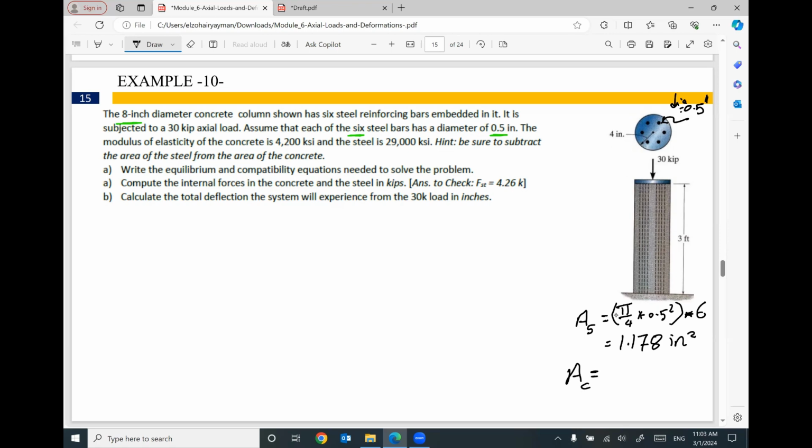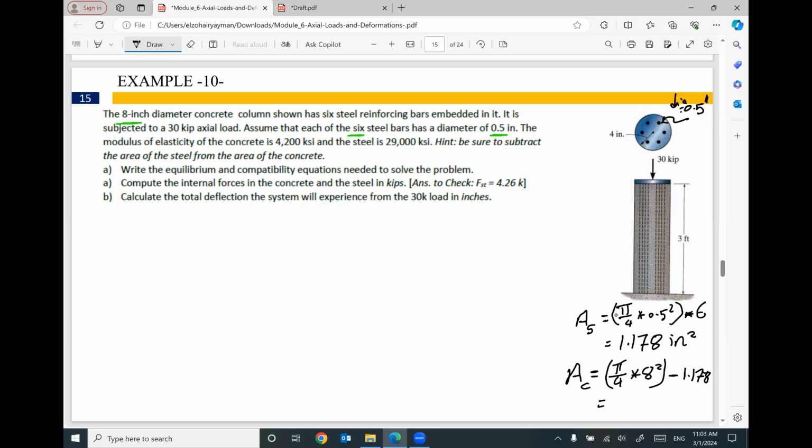What will be the area of concrete? We have an 8-inch diameter concrete column. So pi divided by 4 times 8-inch squared, but don't forget to subtract the area of steel, because we already have these 6 rebars embedded in this 8-inch diameter concrete.